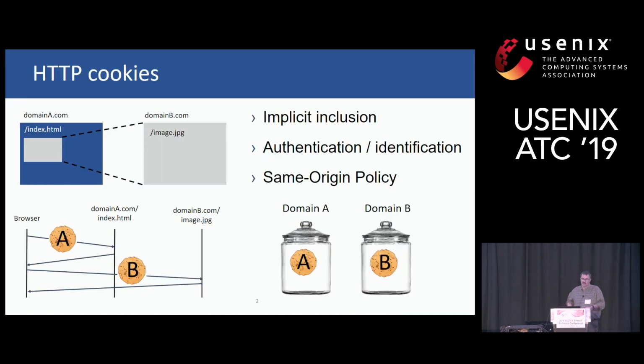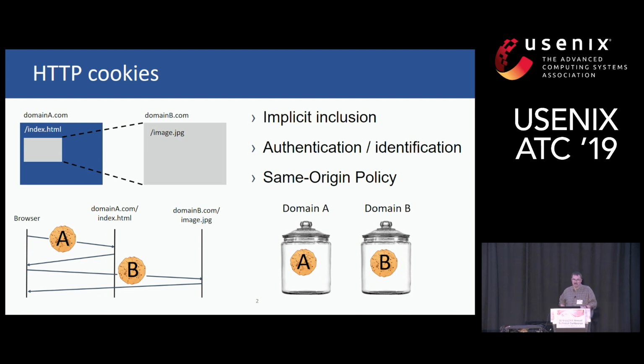So the simple example that you see on the slide is that a domain A includes an image from a domain B, and cookies that are basically representing the state of the browser session between domain A and the client are automatically or by default shared with domain B. And that allows domain B to abuse eventually authentication tokens as one principal example, or just leverage on information that leaks from the client to that domain B, and that leads to undesirable ads, tracking, privacy breaches, and so on.